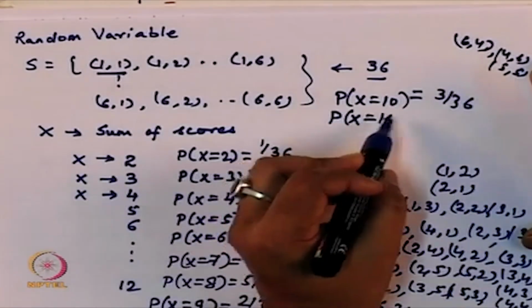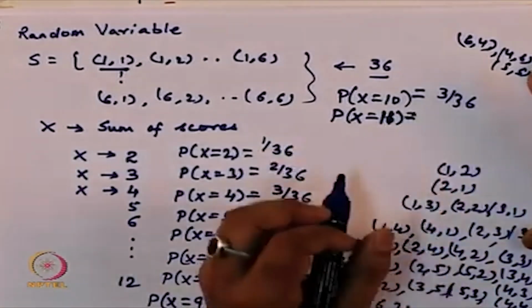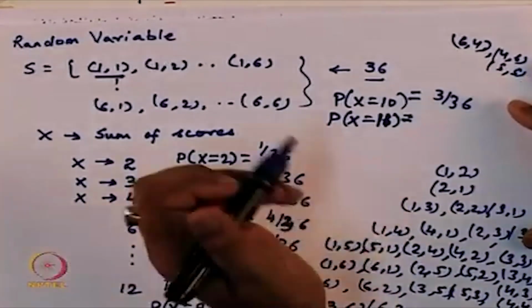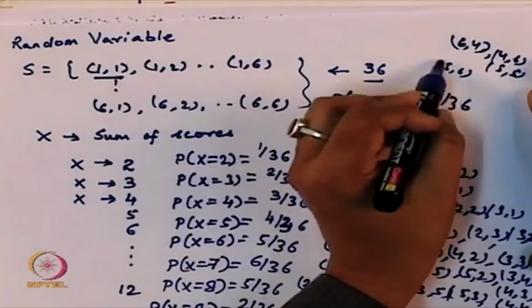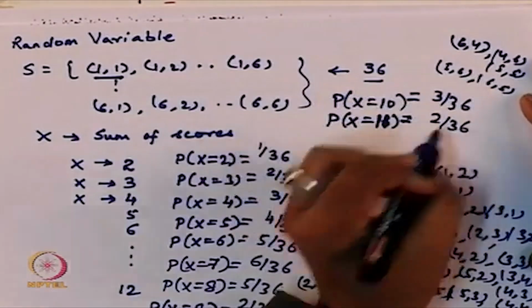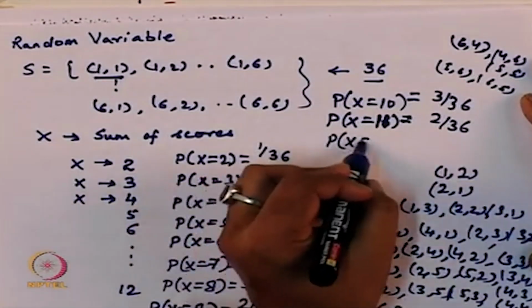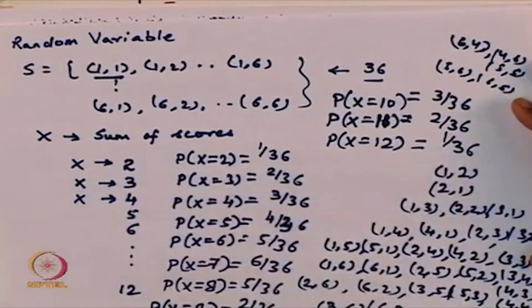X equal to 11 is simply 5 6 and 6 5, 2 by 36. Probability of x equal to 12 is simply 1 by 36.